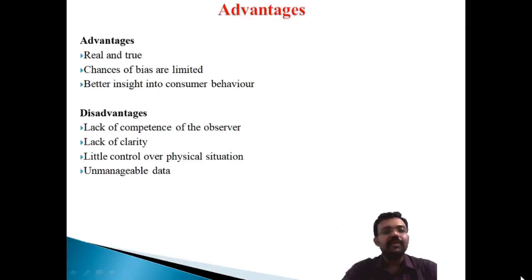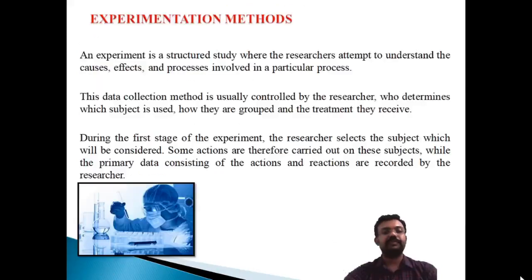So that's a drawback of the observation process, and unmanageable data. Sometimes you cannot easily manage the entire data of the observation. These are the limitations of observation: the lack of competency, the lack of clarity, little control and unmanageable data.